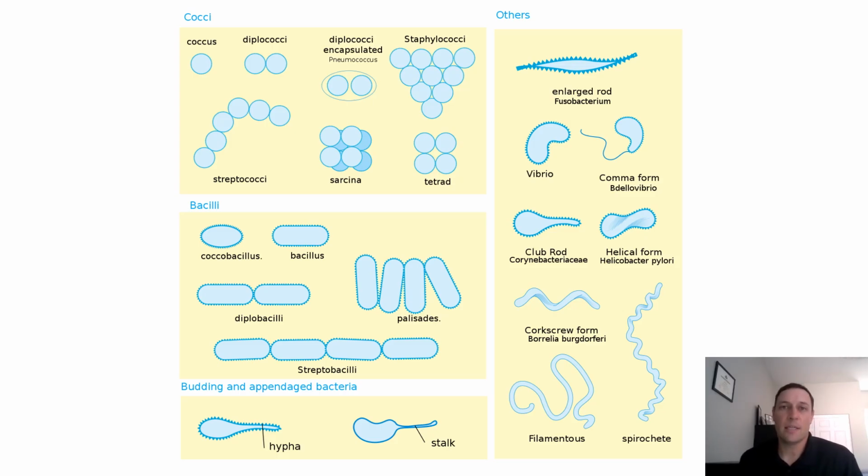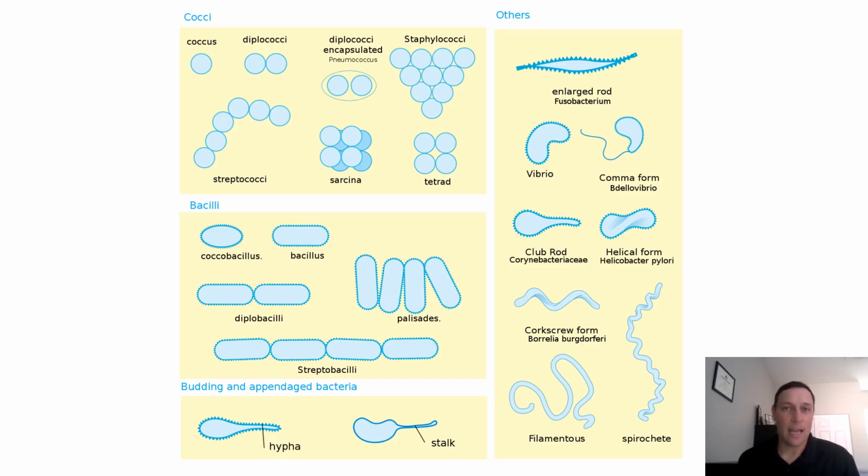The reason it's helpful to describe characteristics about cells is because it allows us to determine what species of bacteria we're looking at. When we are thinking about bacterial cells, it's important to keep in mind that bacteria are made up of just one cell. So the entire organism is one cell.